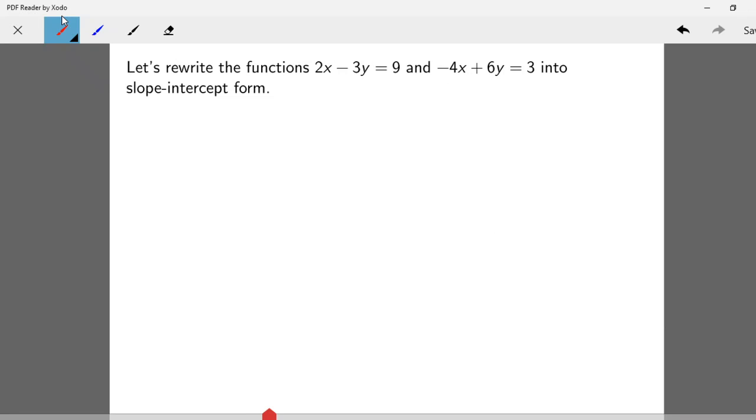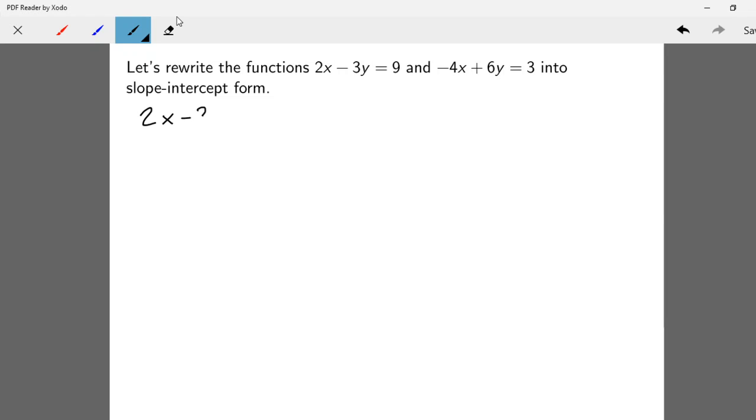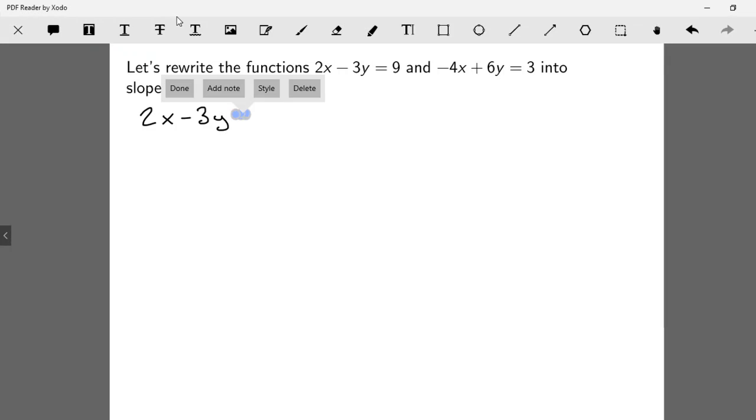So let's rewrite the functions 2x minus 3y equals 9 and minus 4x plus 6y equals 3 into slope-intercept form. Let's start with 2x minus 3y equals 9.